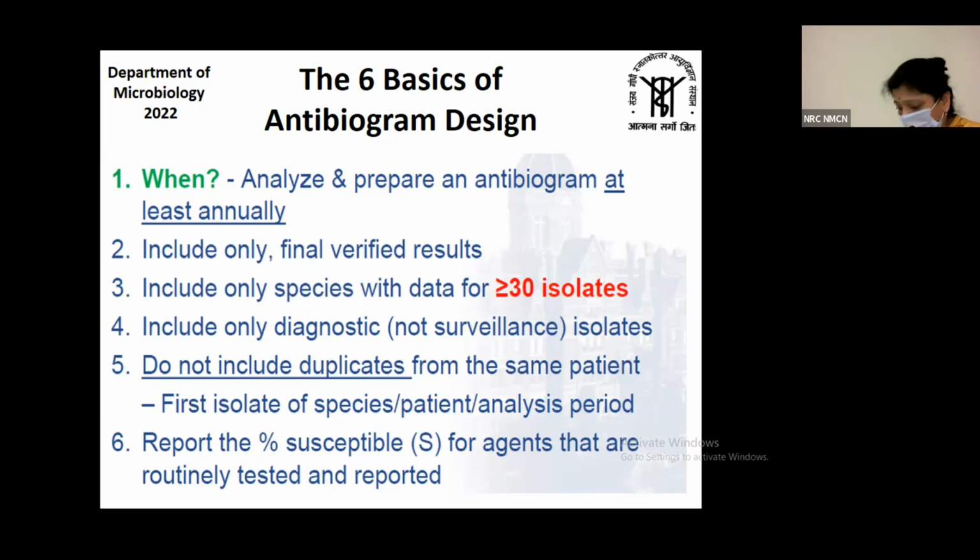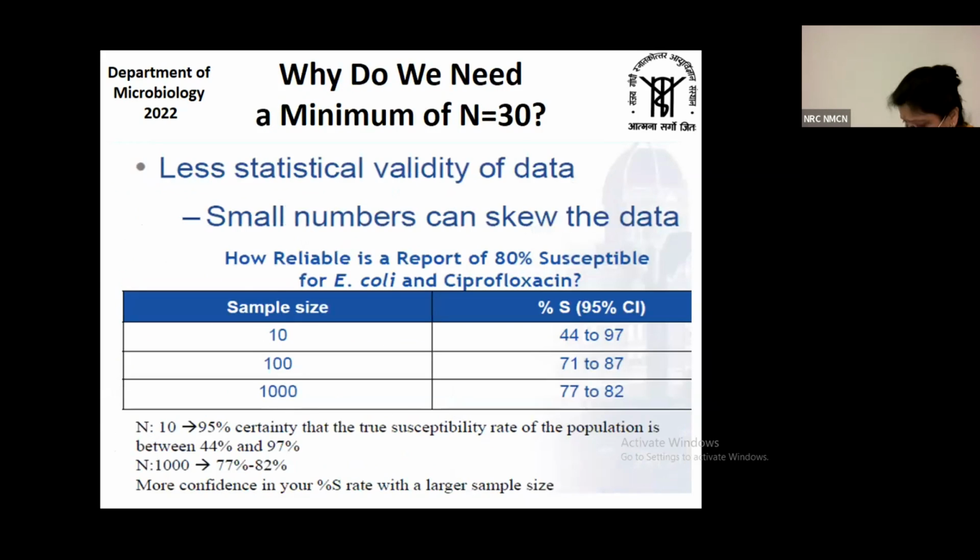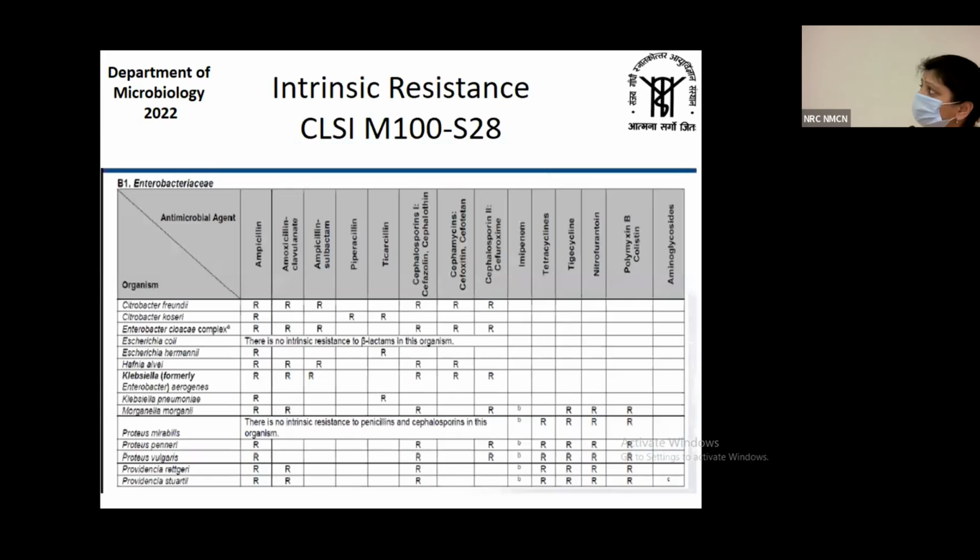Okay. So please understand, duplicates should not be included. Report percentage susceptible. Always remember it is percentage susceptible, it is not resistant. I've already told you the minimum number of isolates has to be 30. There are some isolates that are intrinsically resistant.